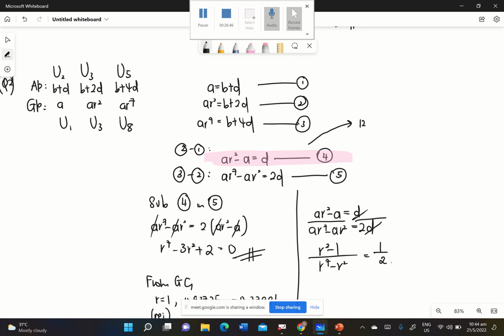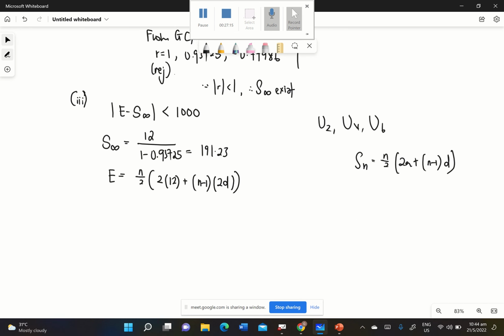It's 12, right? And then r is 0.93725. Then you minus 12, then square your r. But mine is negative. Negative what? Negative 1.457, sorry. I got negative 1.458. Okay, correct. Put in.